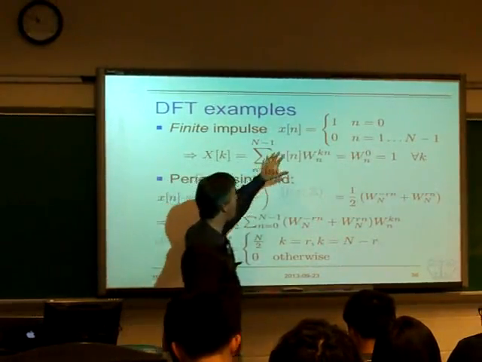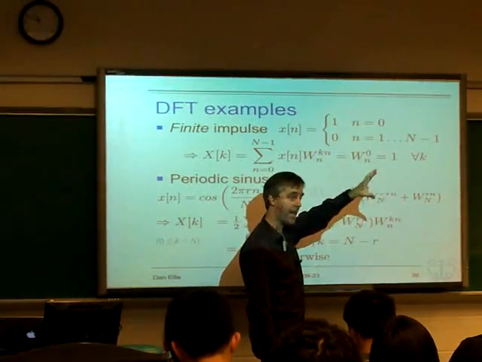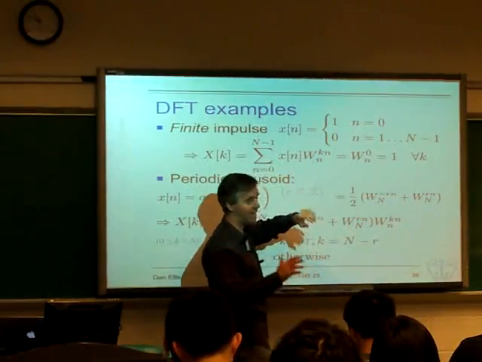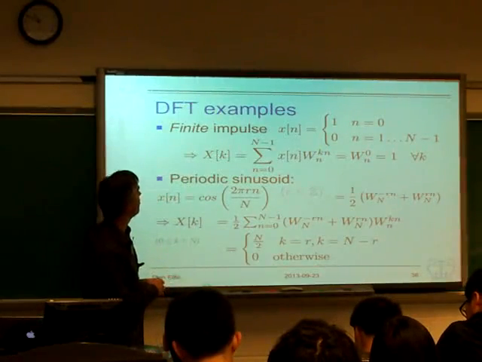But if we think about this as a periodic sequence, this is now a periodic impulse. It's a 1 every big N samples. But that's the best impulse we can have in finite dimensional sequences.